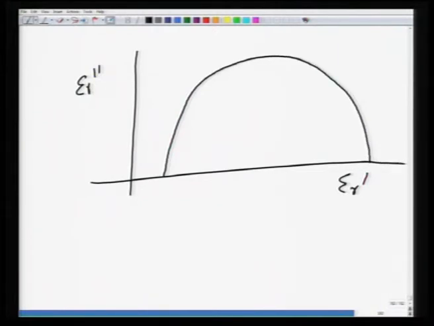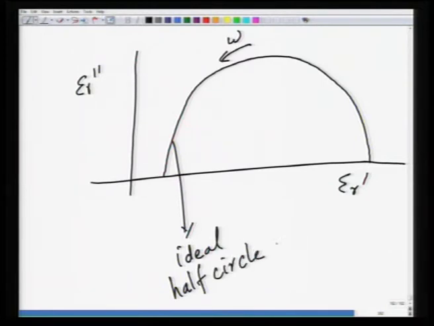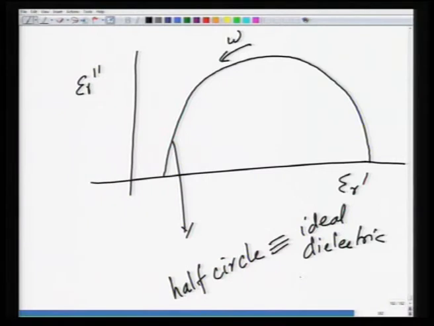And this is with increasing frequency. So this should look like an ideal half circle, and a perfect half circle would represent the response of an ideal dielectric material.